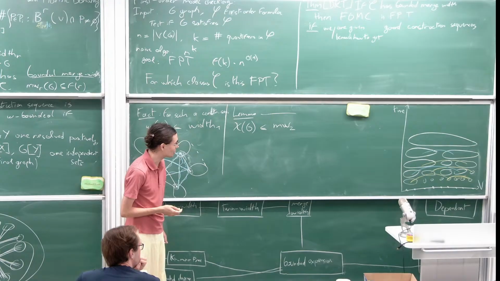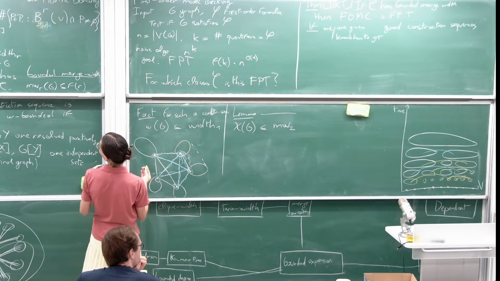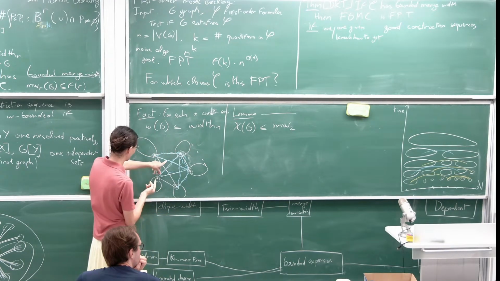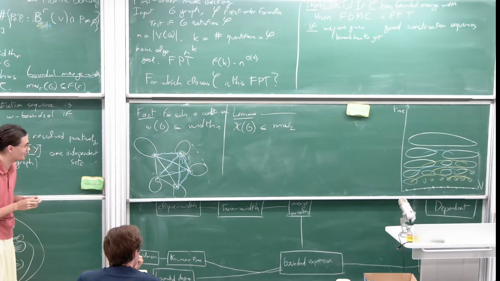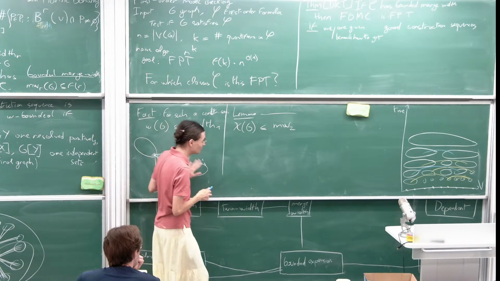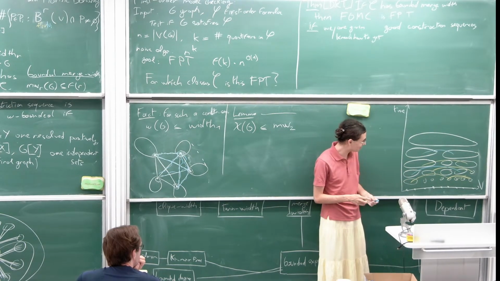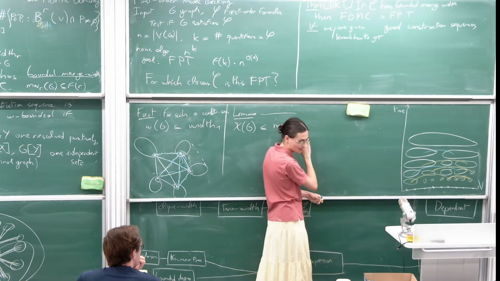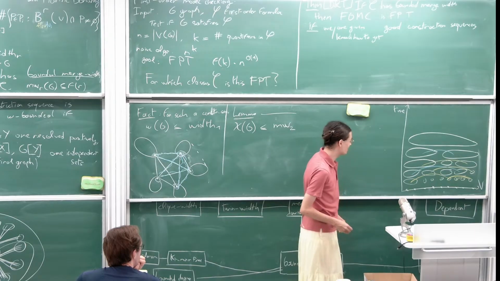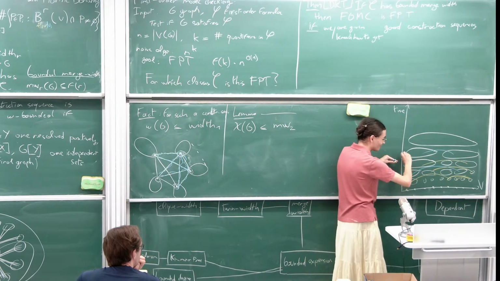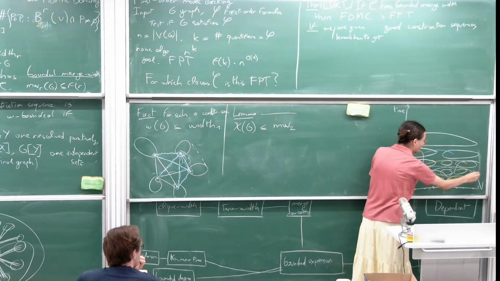Well, oh, sorry, I think I mixed up. No, this was correct. Okay, this one, I used the wrong color, sorry. Yeah, so for this proof, we just picked the right level somewhere. And for this lemma, we need to do something a bit more complicated, which is pick something more like this.